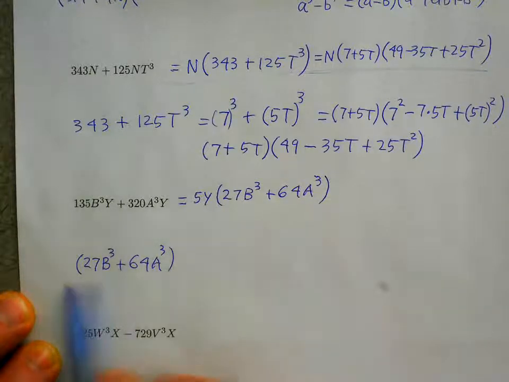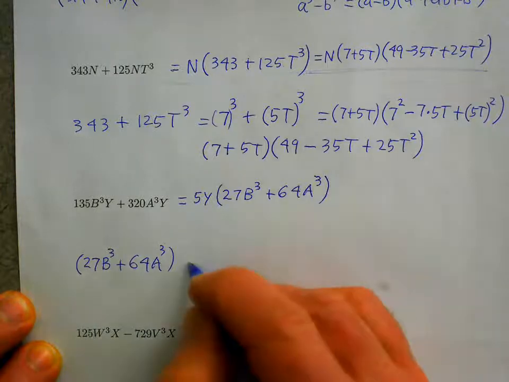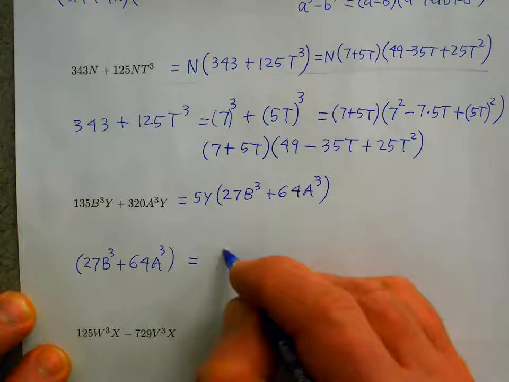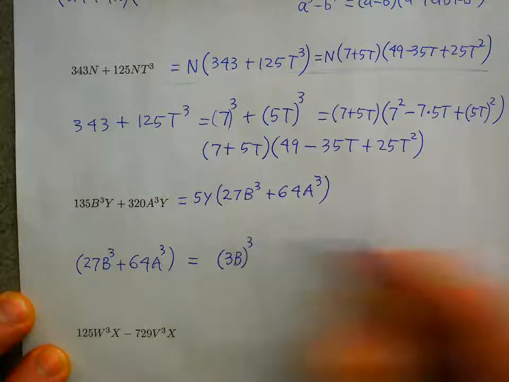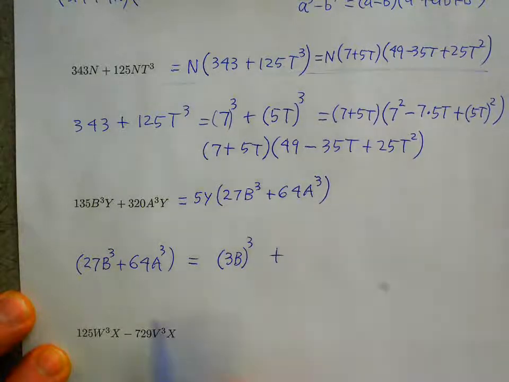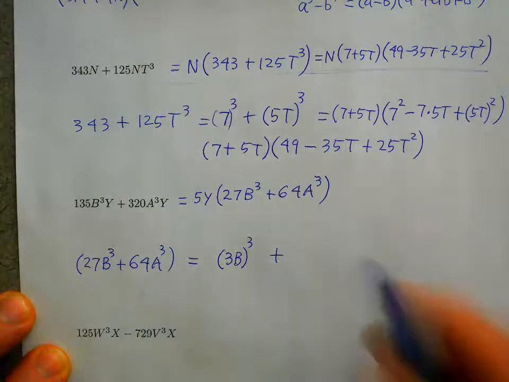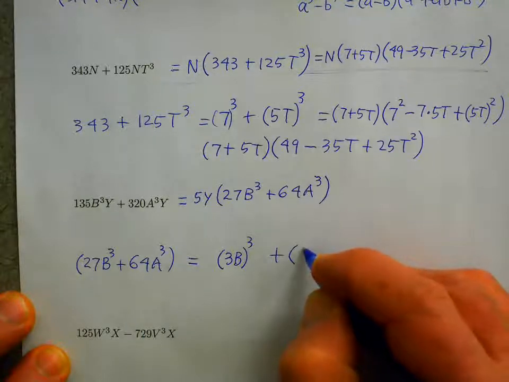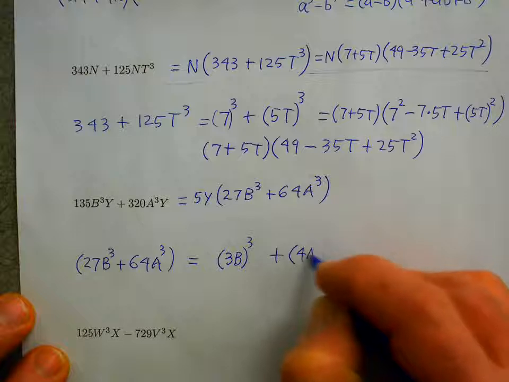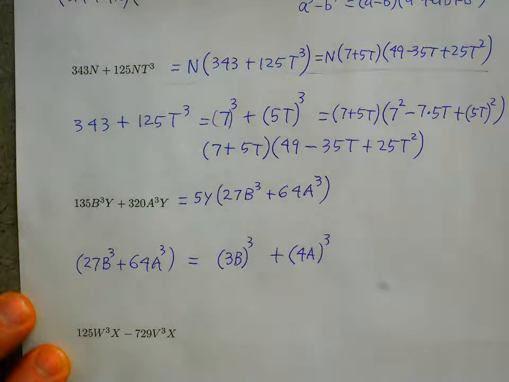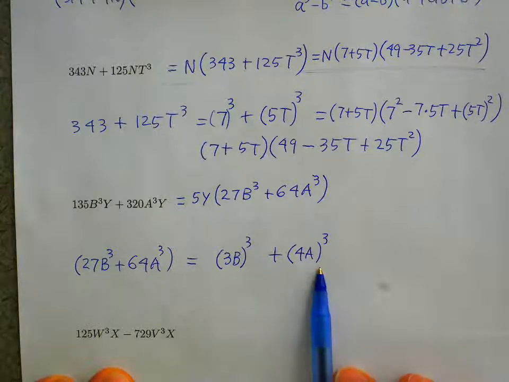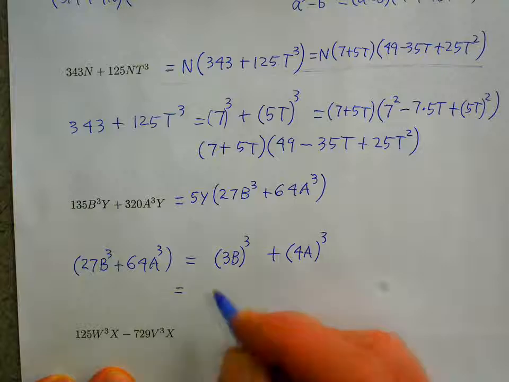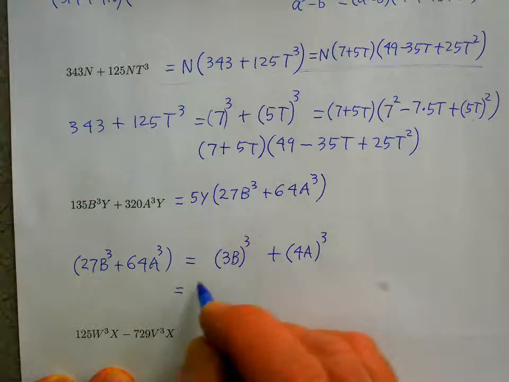I didn't really need those parentheses there, but you can think of this as the term 3b to the third, and then 64a to the third is equivalent to raising the term 4a to the third. And then apply the sum of cubes factoring formula. The binomial is 3b plus 4a.